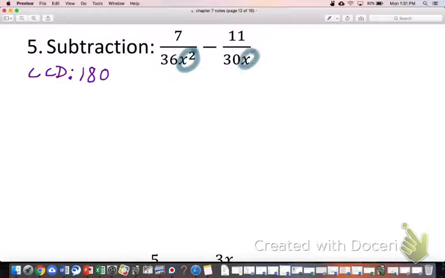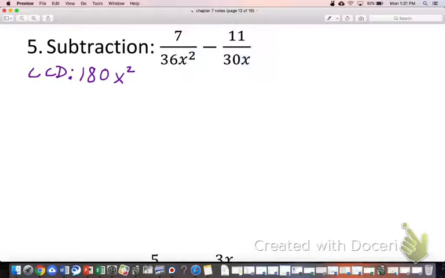I've got x squared and I've got x. What is the least common multiple for x squared and x? It's actually x squared, right? Because one of them has an x, the other one has x squared. A multiple is always going to be at least as big as the bigger number. So x squared being bigger, we're going to have 180x squared for that least common multiple, also known as the lowest common denominator.